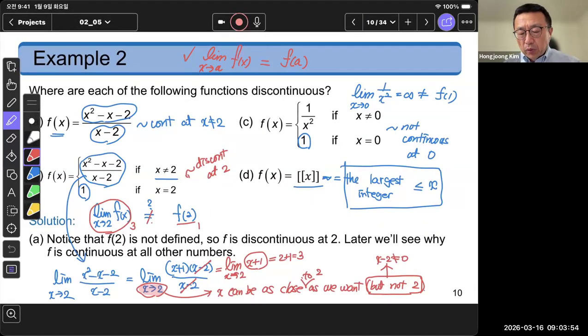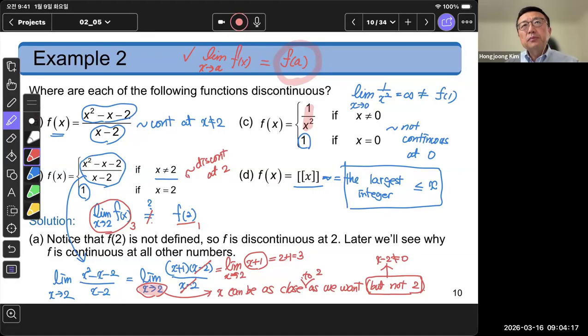We have 1 over x squared for all non-zero values of x, and then we assign the value 1 at 0 so that the function is defined at all real values.